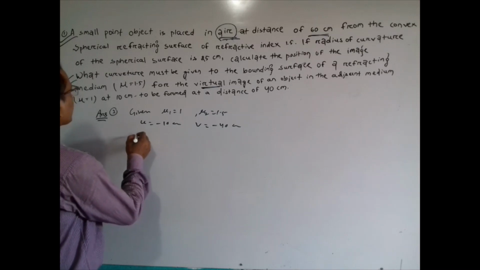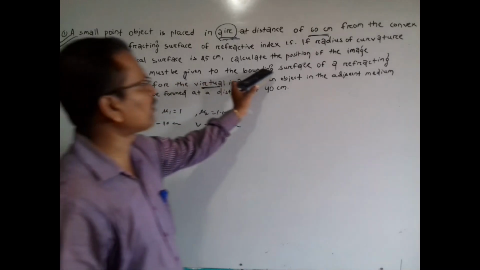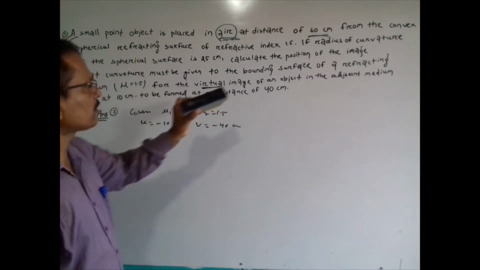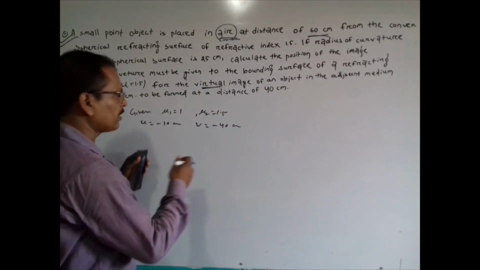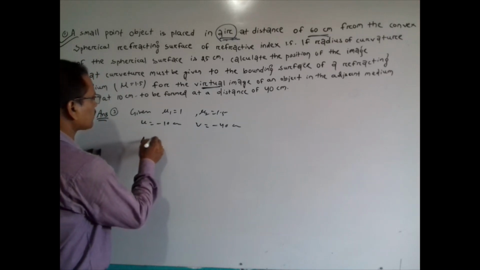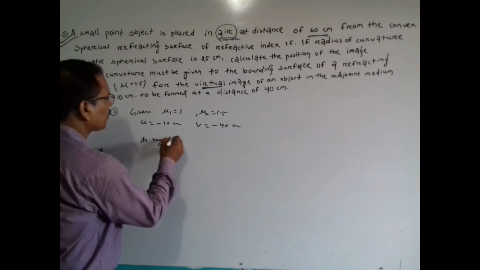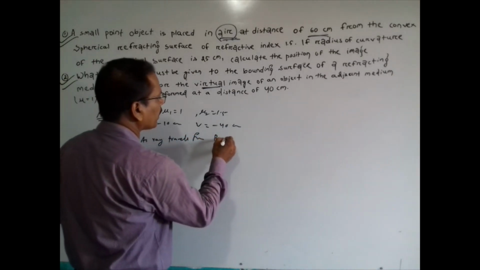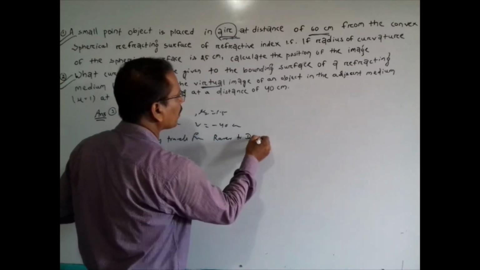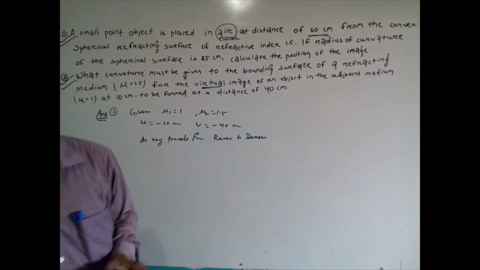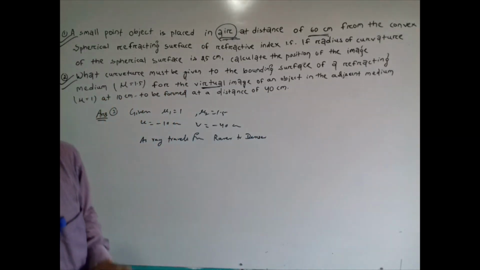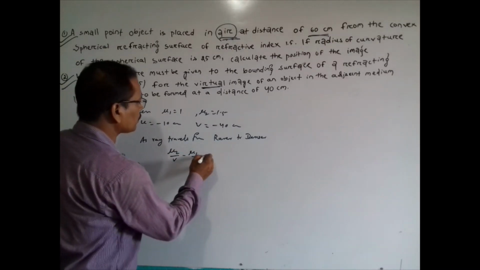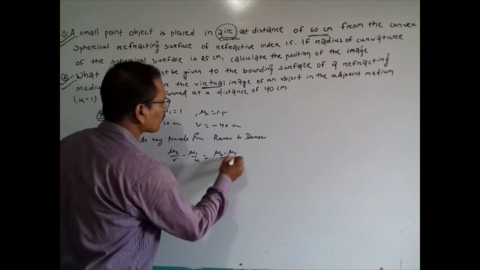Again, as the ray travels from rarer to denser medium, we get mu2 by v minus mu1 by u is equal to mu2 minus mu1 by r.